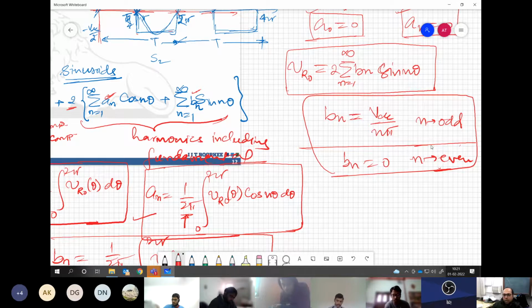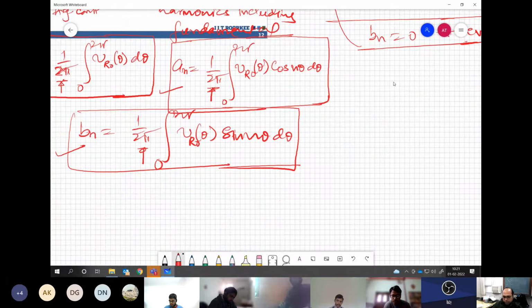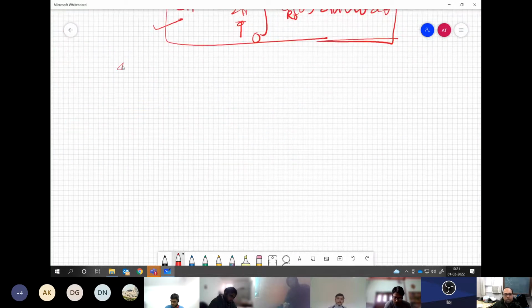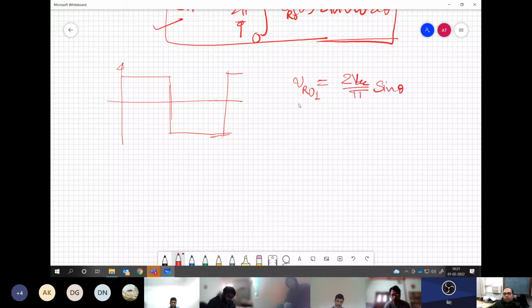So what we are seeing over here is that when we have this square wave waveform, if we talk about the fundamental component only, it is basically coming out to be this.